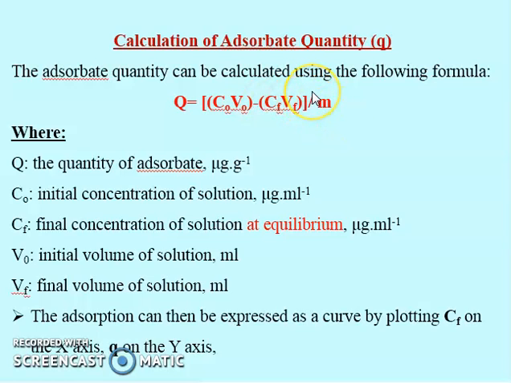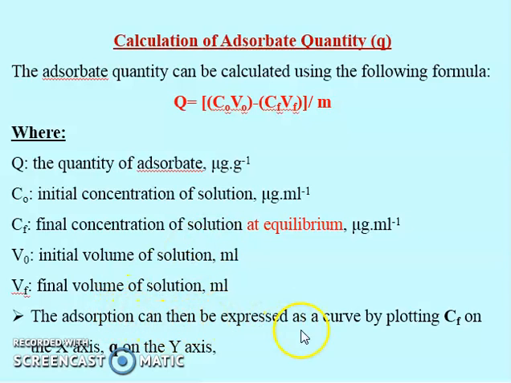The final volume is 50, so 2 multiplied by 50 equals 100, over 10 gram. You will obtain 100 over 10 equals 10 microgram per gram. Is this clear? It's easy to calculate the amount adsorbed to the adsorbent using the initial and final concentrations in the beaker.